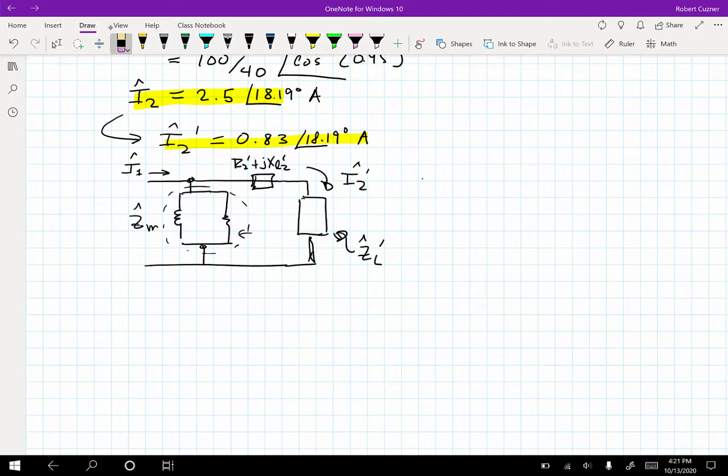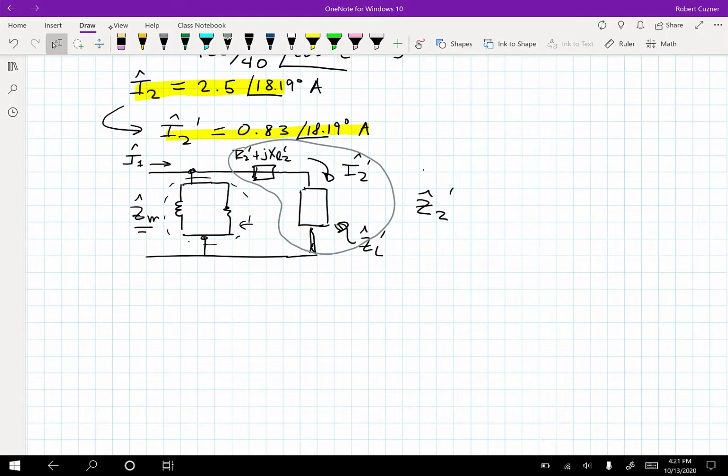Let's just, for the moment, simplify what we're talking about and combine these two impedances here. We'll just call it Z2 prime. And we've already decided to call this ZM.